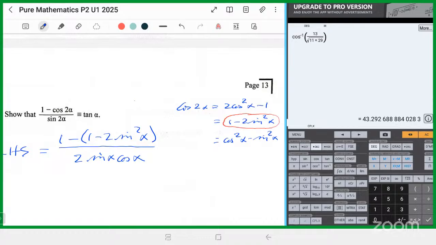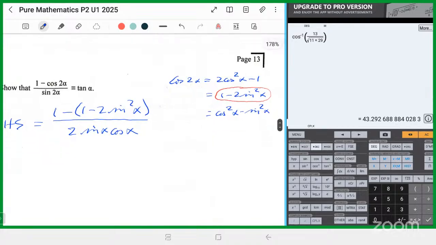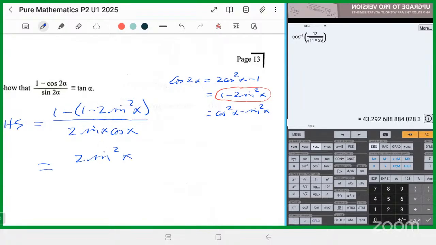When you know it in your head, questions are much easier to do. This 1 minus this 1 is eliminated, and then minus negative 2 sine squared alpha is going to be positive 2 sine squared alpha over 2 sine alpha cos alpha.